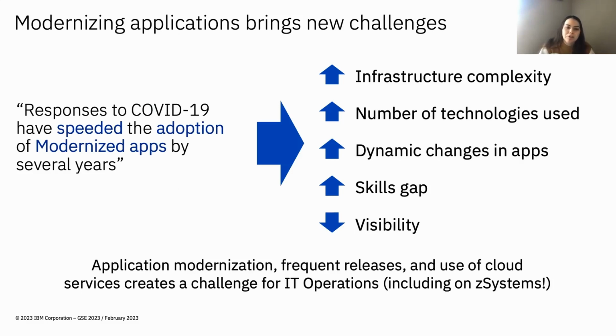So we kind of have a perfect storm of complex integration, and there's a lot of pressure to grow these different applications and have them deployed in a timely manner, versus having a lot of time and being able to go through a lot of different testing and observability testing.